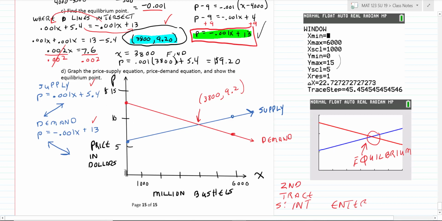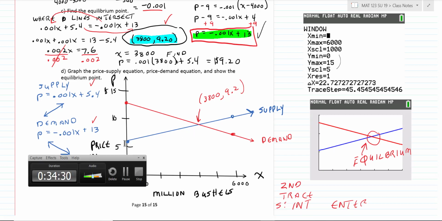So as the demand goes down, the price typically will change, right? So you've got a supply curve going up, a demand curve going down. That equilibrium price would be $9.20. So that's where the supply and demand are equal to each other. Okay, so that's the idea. That'll give you kind of a good business application to get you started with.